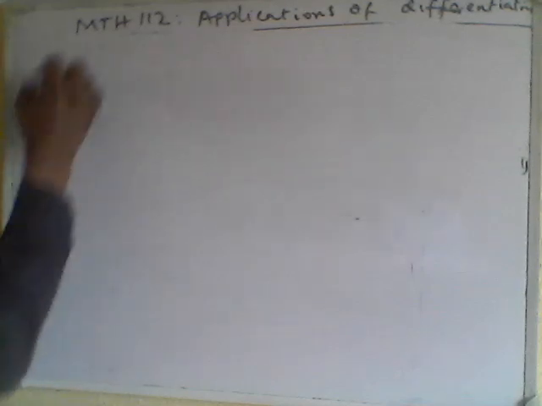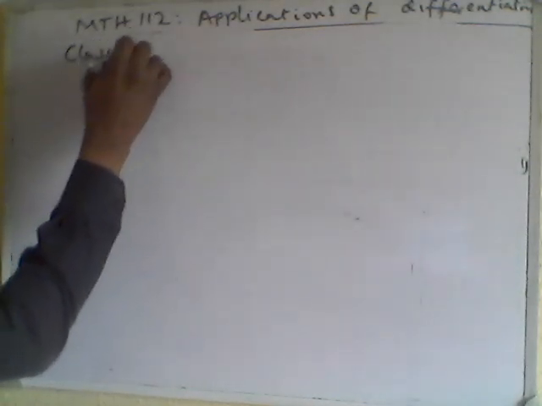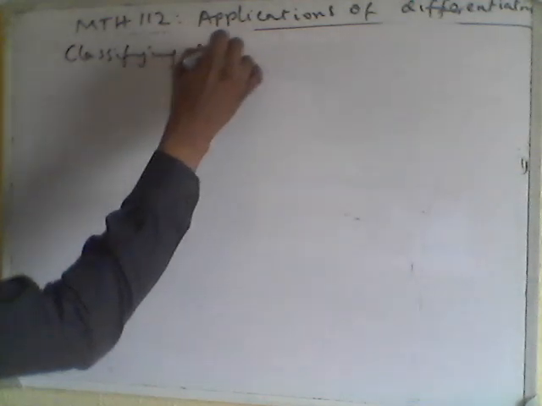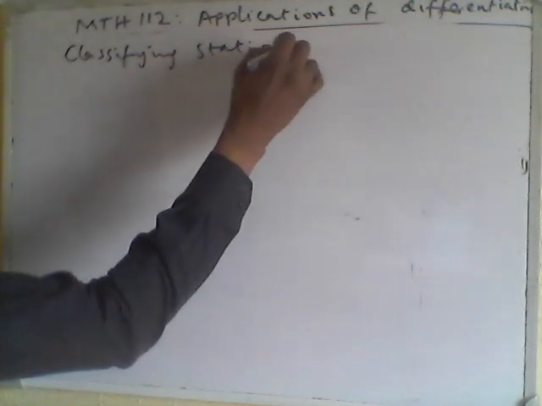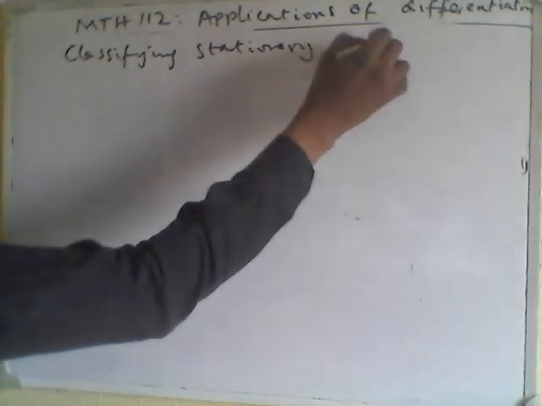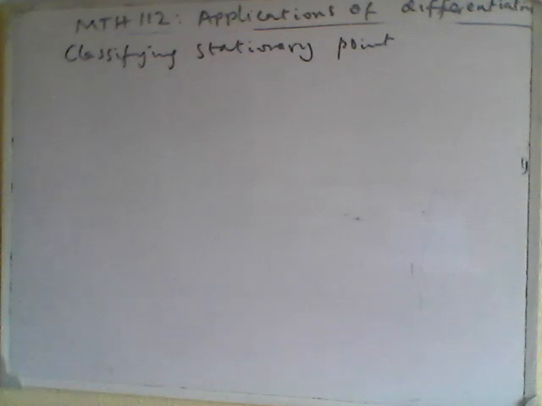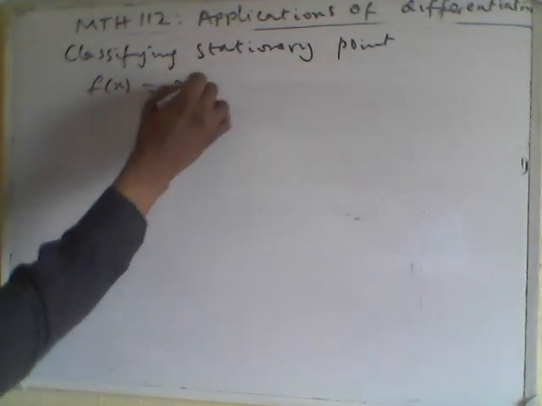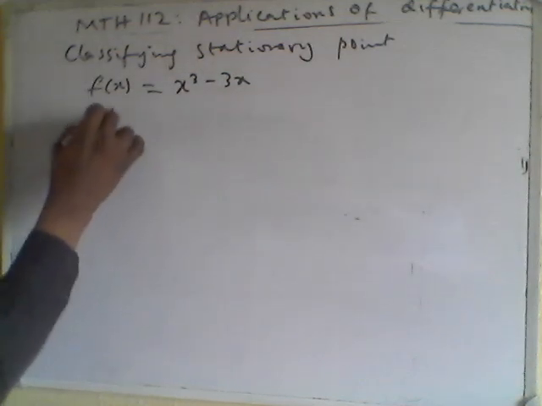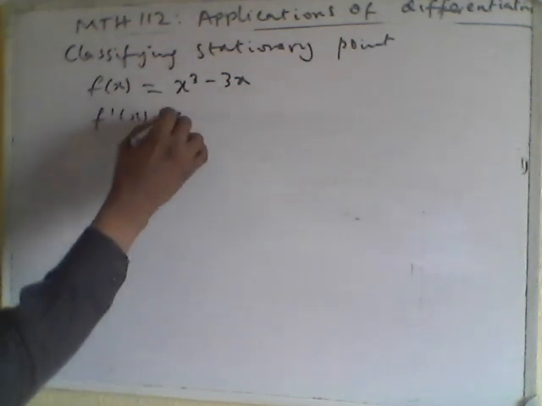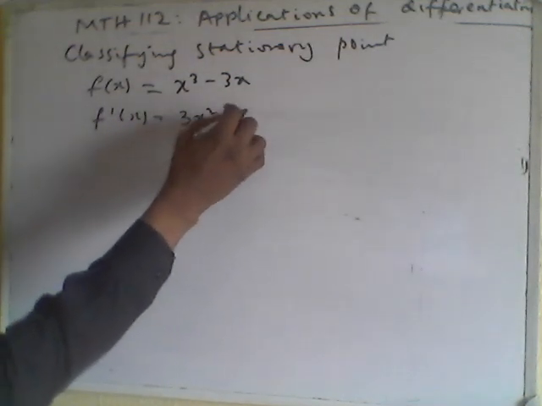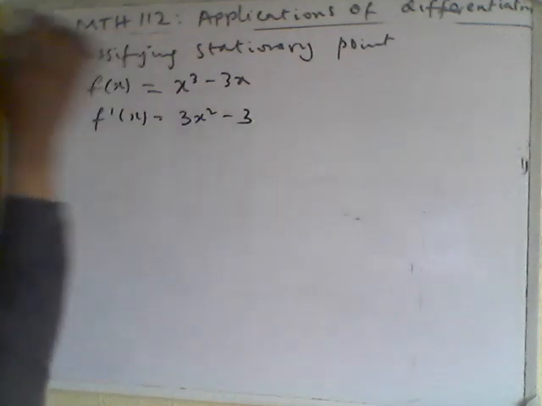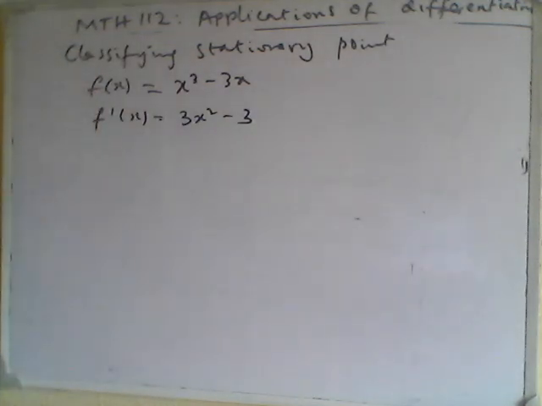So let's quickly look at classifying stationary points. You recall the example we used to solve, where f of x is equal to x cubed minus 3x, right? If we differentiate it, we get 3x squared minus 3, right?